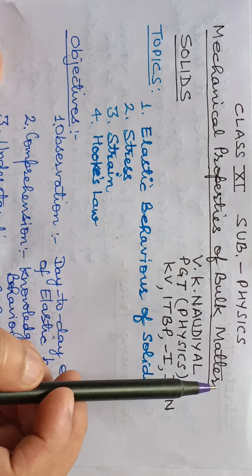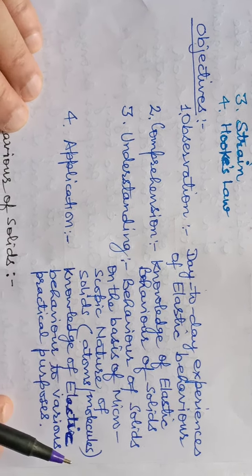The knowledge of elastic behavior or elasticity of solids will be known to us. Thirdly, understanding. We will be able to understand the behavior of solids, why they behave so, on the basis of the microscopic nature of the solids, their microscopic picture, atomic or molecular picture of the solids.